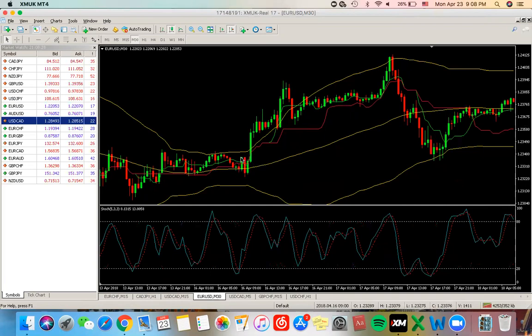And then with take profit, you either carry on watching the chart itself, or you can also set a trailing stop. If you have an open trade, you can right-click, and there is a trailing stop.